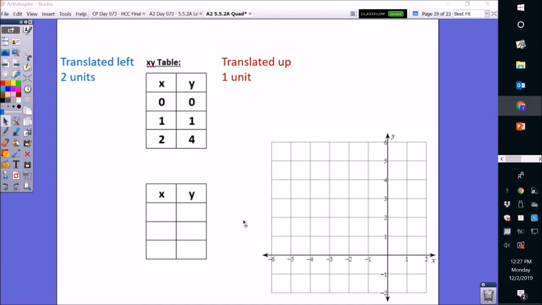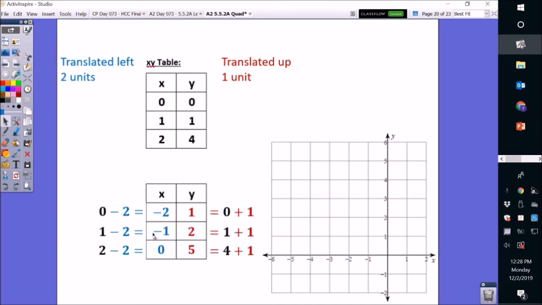Earlier, I mentioned that you should always memorize these three coordinate points of the parent function, so that when you're graphing new equations or transformed functions, it's always easy to know where you start. This is going to be our reference point or starting point when it comes to graphing, because these are the 3 points from the parent function. What we're going to do is apply the transformation. When you apply the transformation, you're going to get new points, which I'm going to show you here.